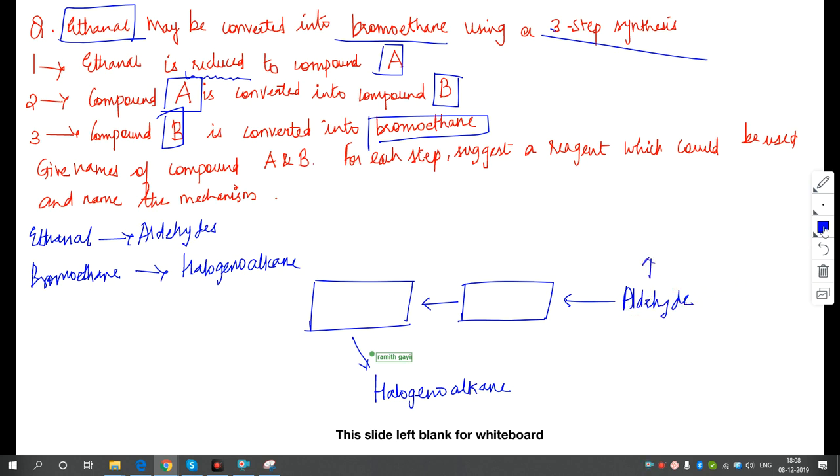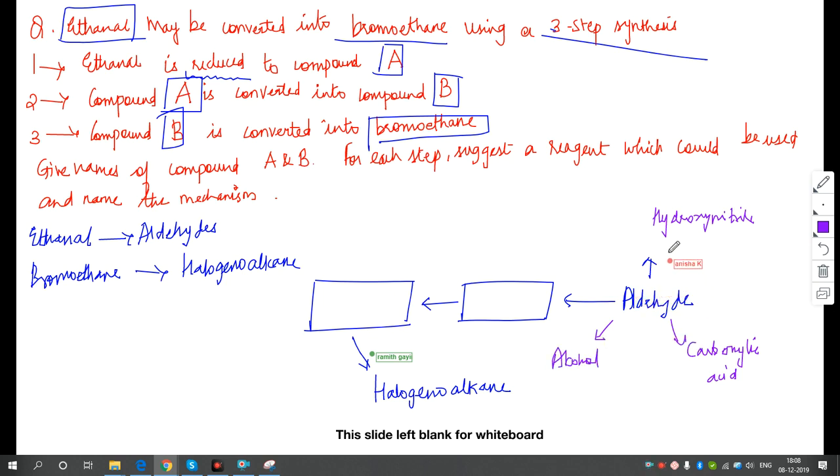So I'll just write here the other options which I have: hydroxynitrile, carboxylic acid, and one more which I have is an alcohol.